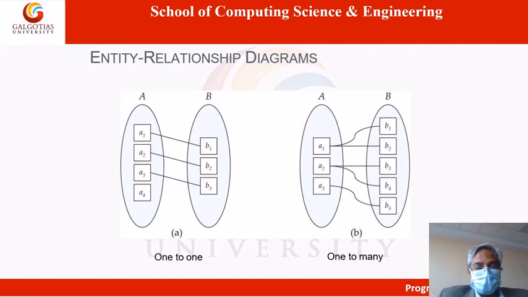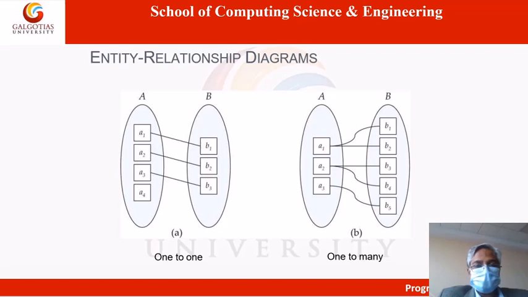Now in the second type, where one-to-many relationship exists, you can take the example of faculty. In the second diagram you can see that in the faculty entity set there are three faculty A1, A2, A3, and here they are PhD students. So the B entity set is the set of all PhD students. So each faculty has two students doing PhD under him.